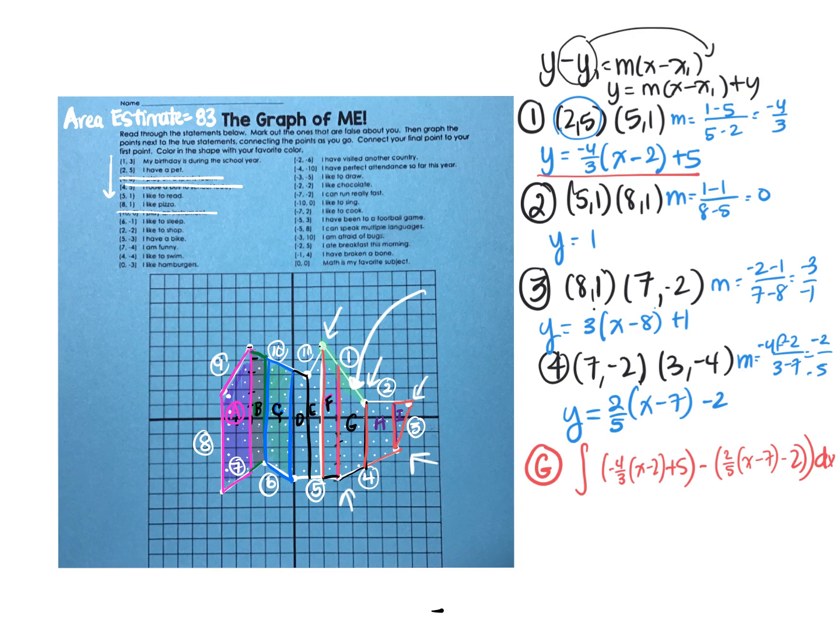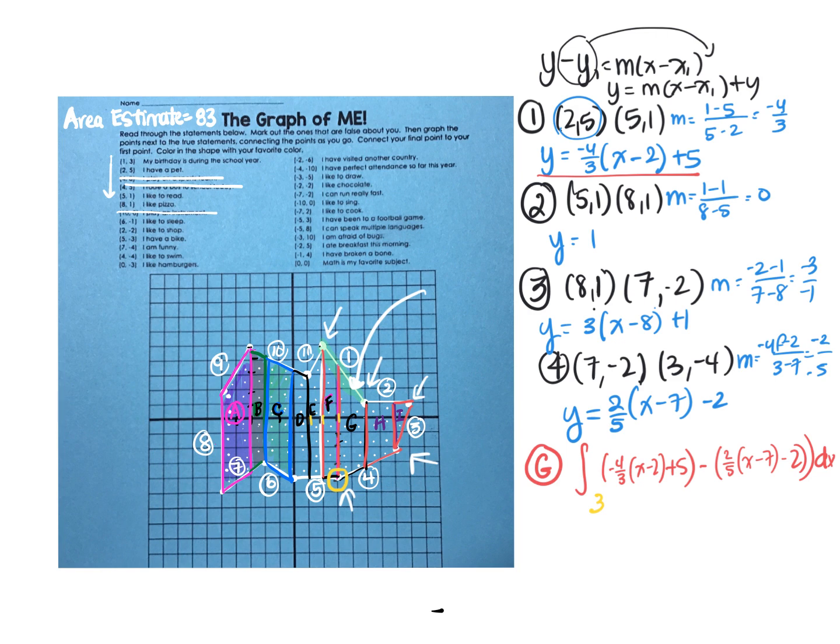I have to have a far left x and a far right x. My far left x is going to be the point right here. So this is as far left as I can go, which makes it 1, 2, 3. Okay, so it goes to 3. So x is 3.